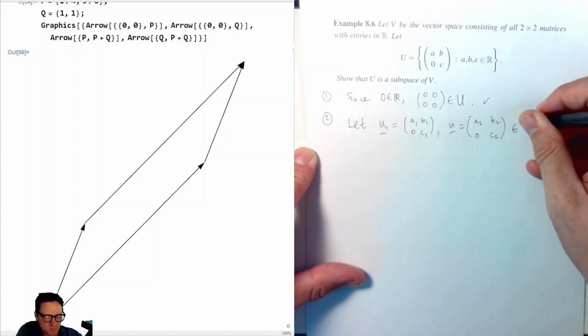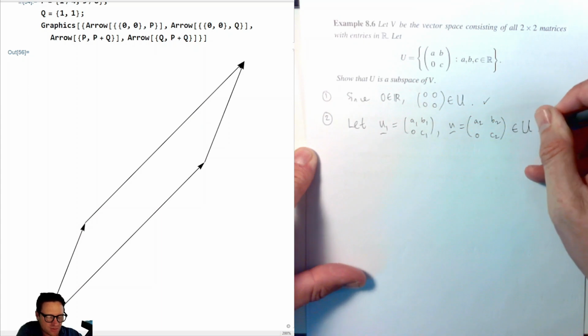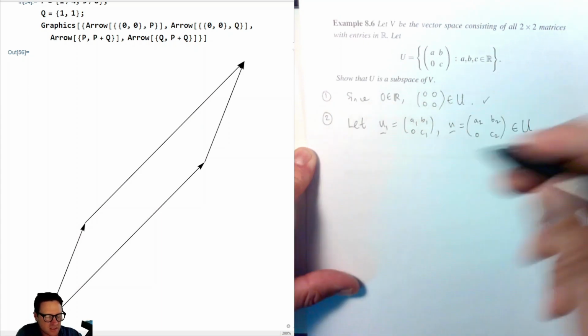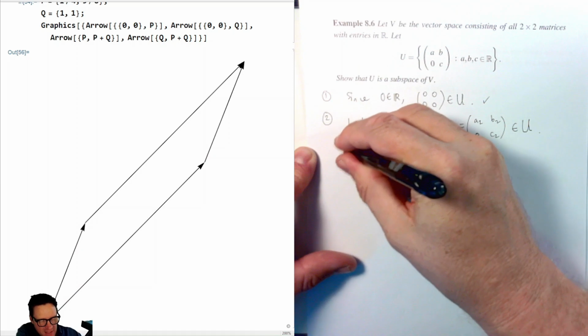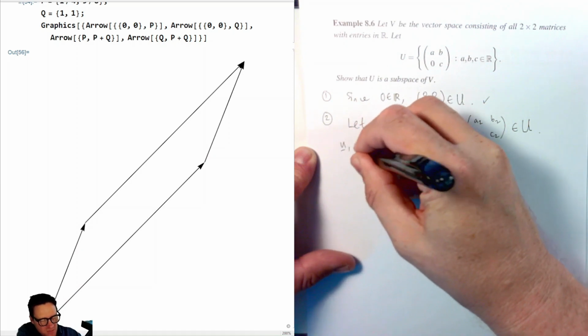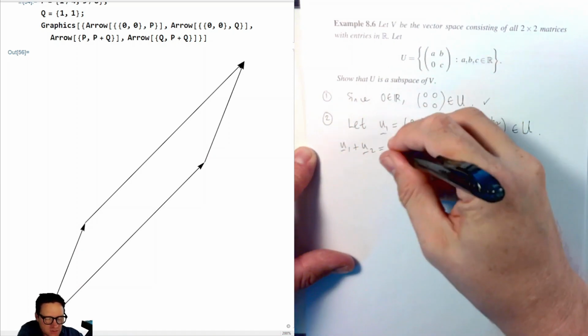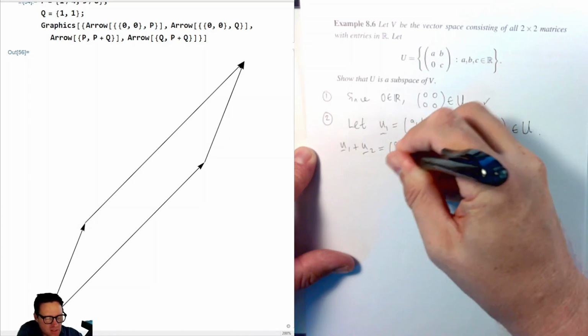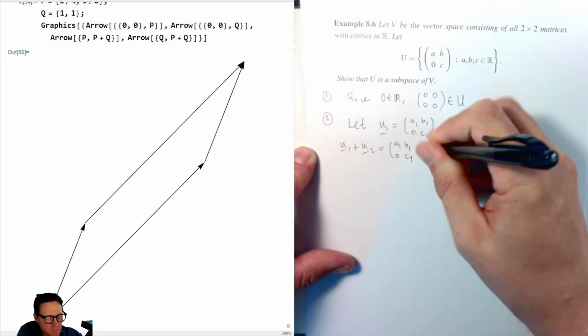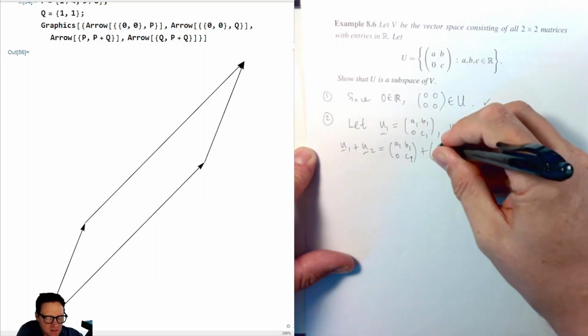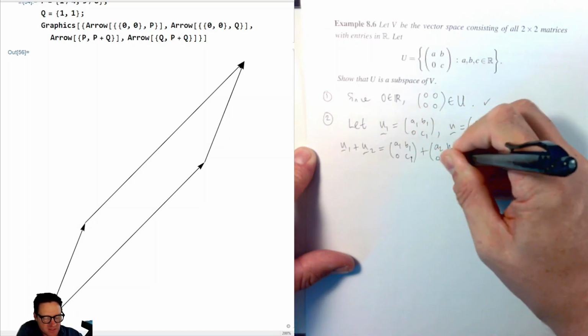Let both of these be elements of the set U. Now let's add them up and have a look at it. So U1 plus U2 is equal to A1, B1, 0, C1 plus A2, B2, 0, C2.